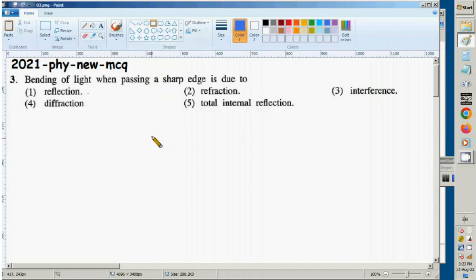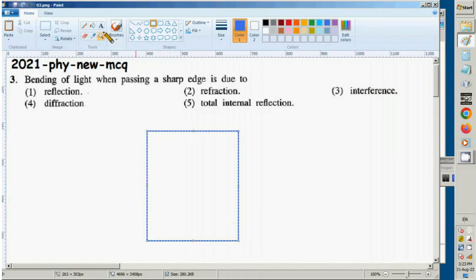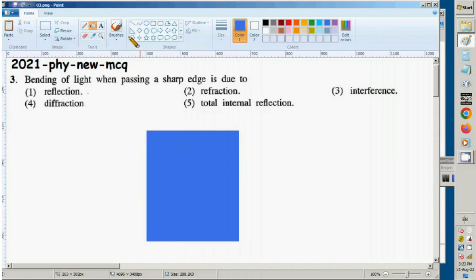So imagine a glass cube like this. We can discuss it using a ripple tank even, but this one is easier.